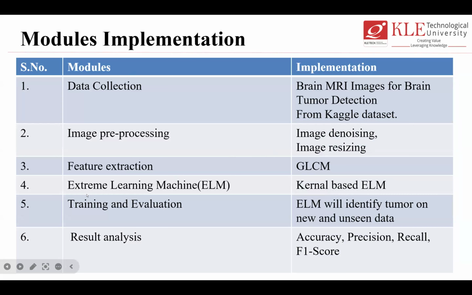Then we implemented the ELM model, primarily the kernel-based ELM, followed by training and evaluation. We trained the ELM model, evaluated its results, and compared it with some other existing neural network models. Lastly, we did result analysis of how much accuracy, precision, and F1 score we achieved during this training.